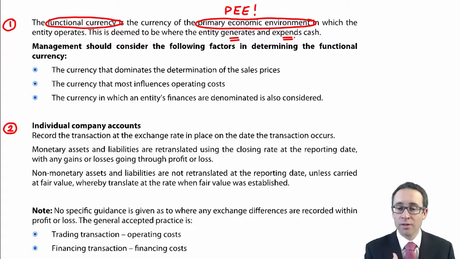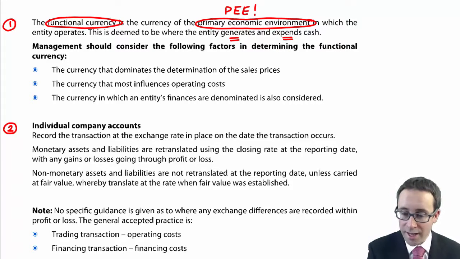And we look at what the majority of the generation of cash and the majority of the expenditure of cash is in to determine our primary economic environment. Because don't forget, we're going to have lots of transactions going on, and some could be in different currencies to others. So we look at what the majority of those transactions relate to. You've got additional information in terms of factors to consider.